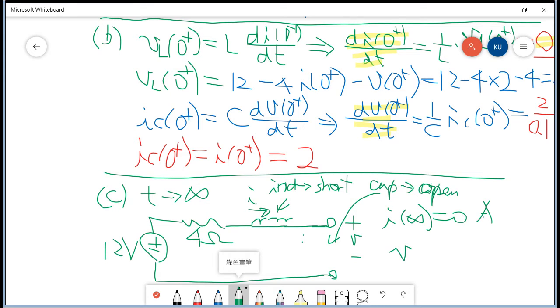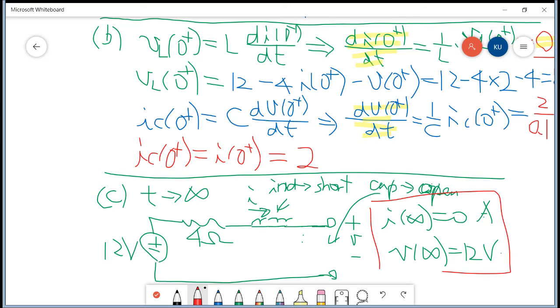And V, as there is no current, so this is 12 volt, this is also 12 volt, because there is no current here. So this is 12 volt, 0 volt. So V infinity is 12 volt. So this is the answer for part C. So actually finding the initial value for RLC circuit is quite simple.